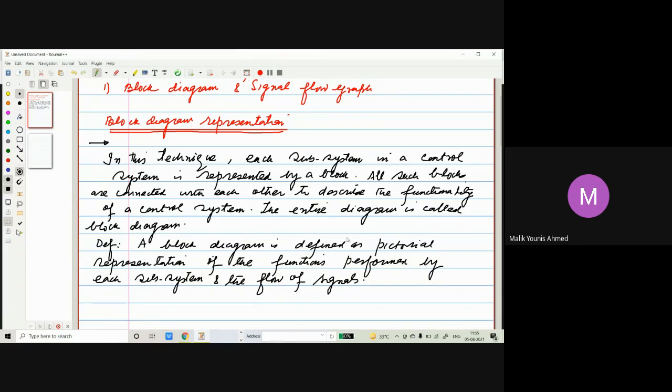The individual blocks in a block diagram are defined by their functions.